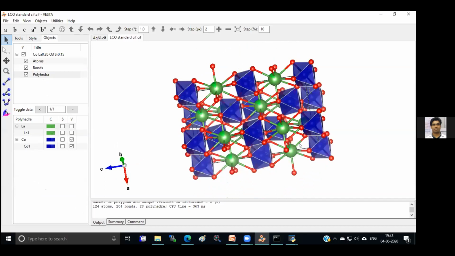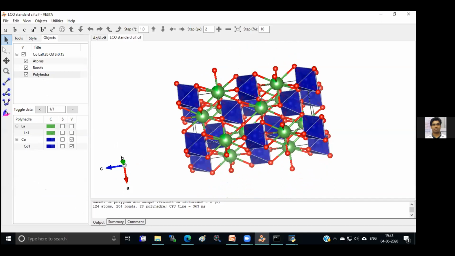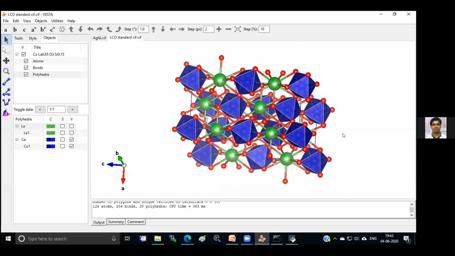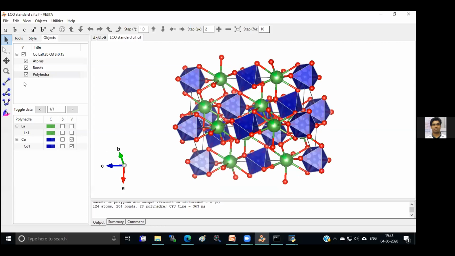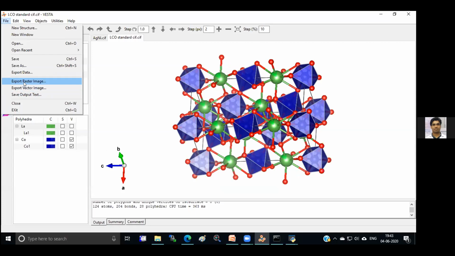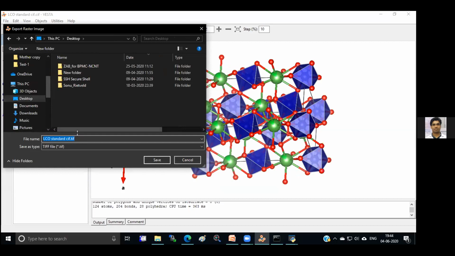Okay, so after doing this structure visualization, you can export this structure, this picture, by going to File, then Export, the raster image or vector image, whatever you want to have. But the raster image quality is good. So I'm exporting this and saving it on the desktop.